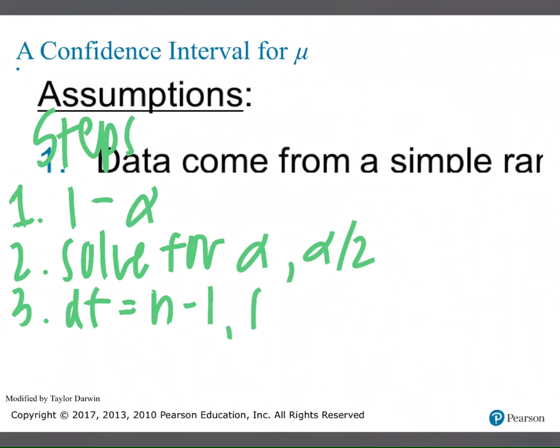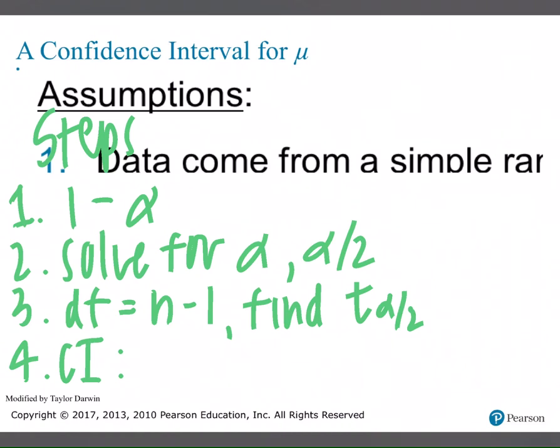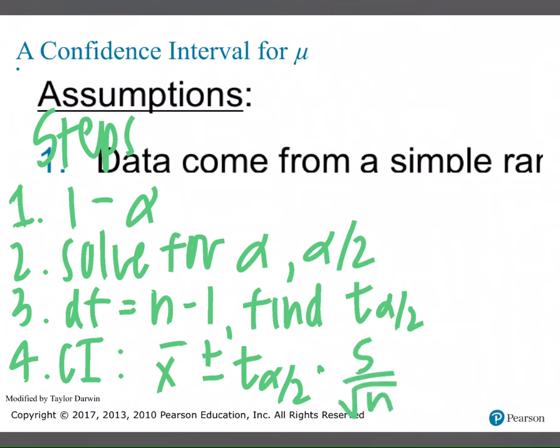And then you need to find t for alpha divided by 2. Then we're going to find the confidence interval, which is the point estimate, x bar, plus or minus the margin of error, which is t alpha divided by 2 times the standard deviation, s divided by root n.